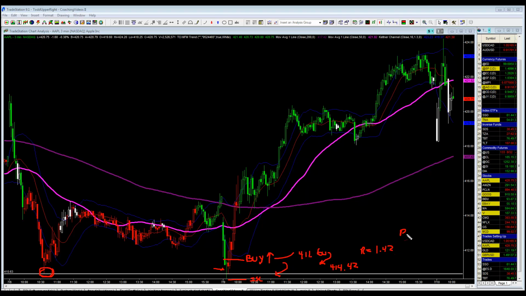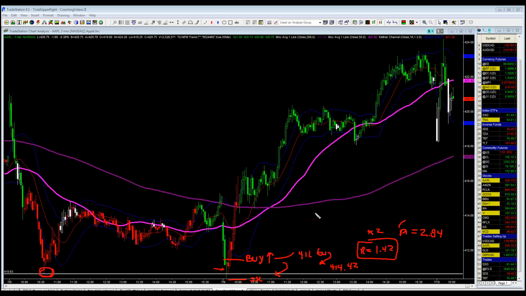My first profit objective needs to be at least 2 times my risk. So if I'm risking $1.42, I'm looking to make 2 times that. 1.42 times 2 is $2.84. I'm looking for a profit of $2.84 minimum, right?